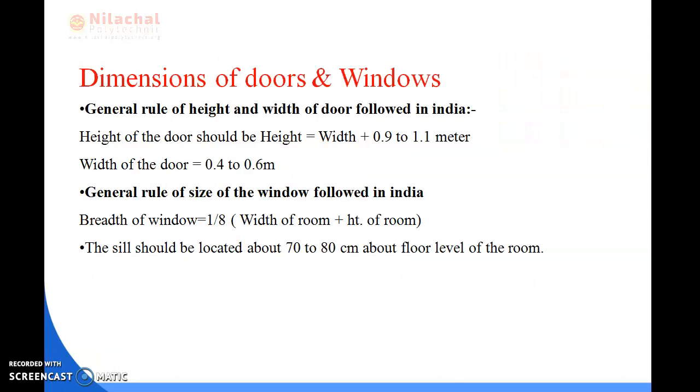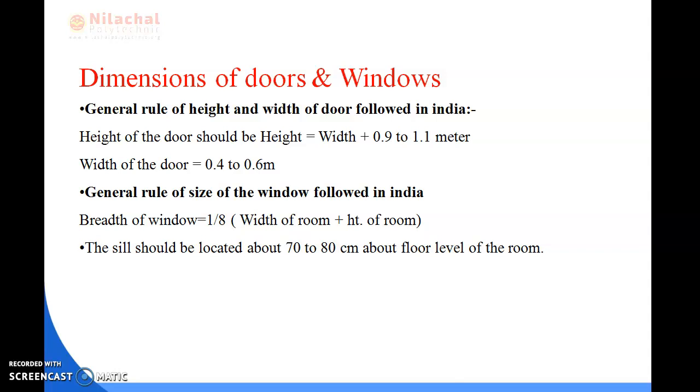Next we will be reading about the dimensions of doors and windows. What are the dimensions of doors and windows that we follow in India? The general rule for the height and width of a door in India is that the height of the door equals the width plus 0.9 to 1.1 meter, and the width of the door is 0.4 to 0.6 meter.